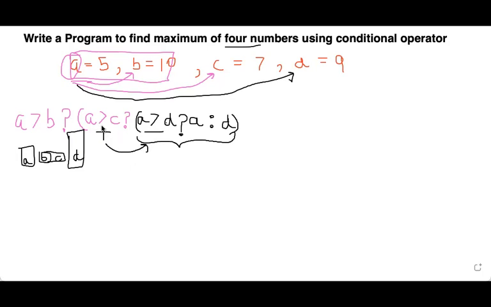Now, let us say if this expression is false, A is not greater than C. If this expression is false, what does it mean? It means that C is greater than A, right? So here, let me draw this one again. So this is your A. A is greater than B. That's why we reached over here, right? B is smaller.